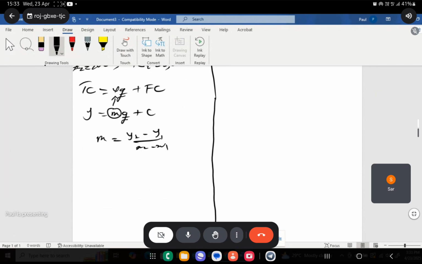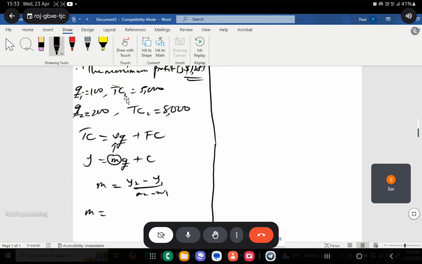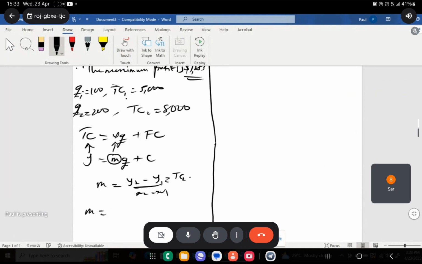So from here, M becomes equal to, now what is our Y2? Our Y2 is the new total cost, because our Y is likened to the total cost. So it can be written as total cost 2 minus total cost 1, all over quantity 2 minus quantity 1.